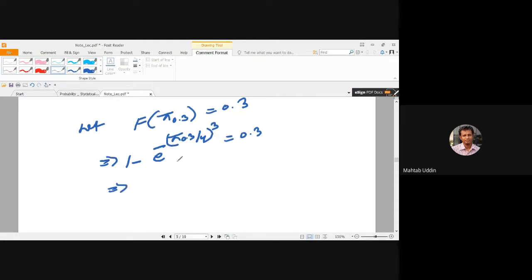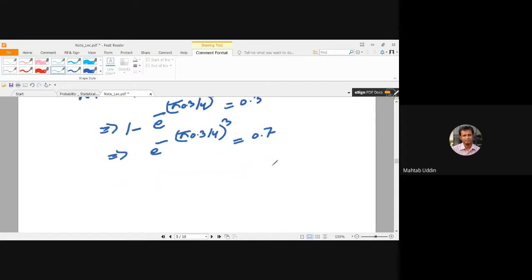After taking the side transfer, e to the power minus (pi 0.3 by 4) whole cube is equal to 0.7. Now taking ln on both sides, e and ln cancel, so minus (pi 0.3 by 4) whole cube is equal to ln 0.7.